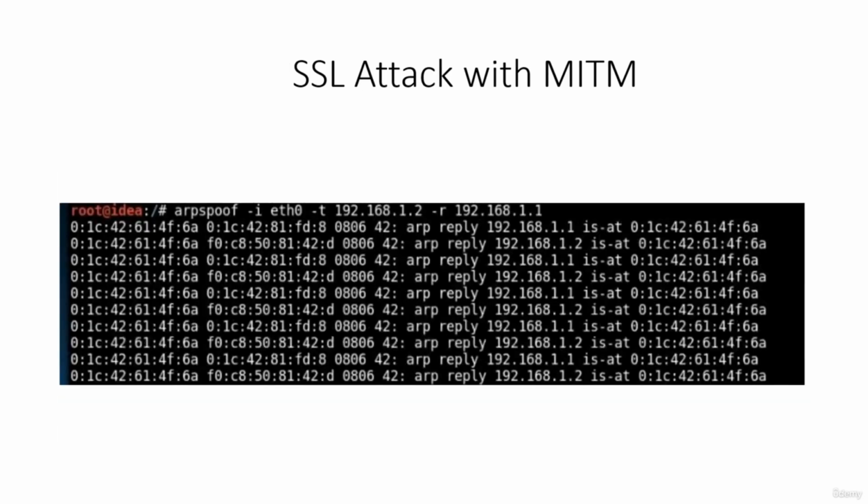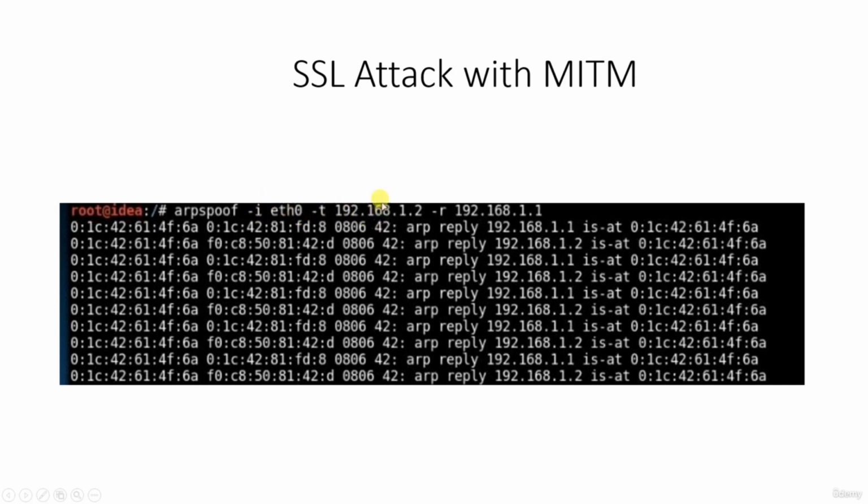After that, we are going to run arpspoof. This is our network interface on our Linux machine, which will vary from machine to machine. You may have wlan0 or eth1. In my case, my machine was wired, so eth0 means wire, and that's why it is eth0.